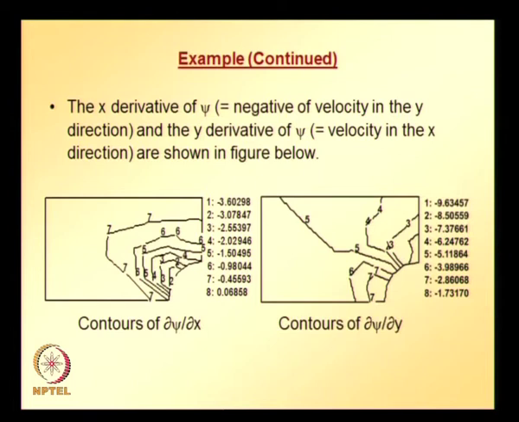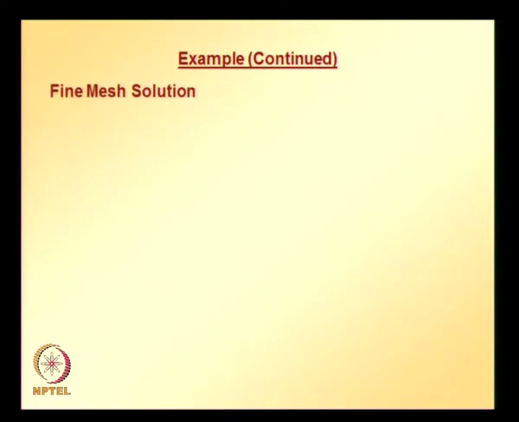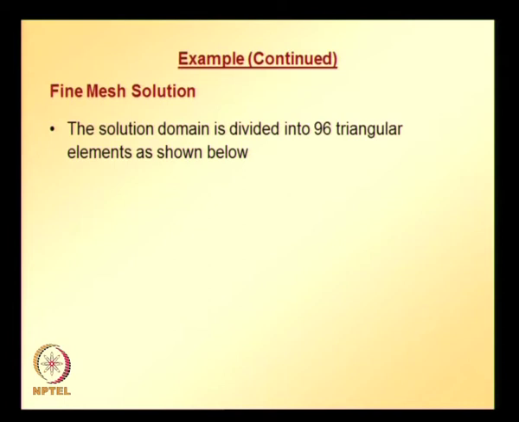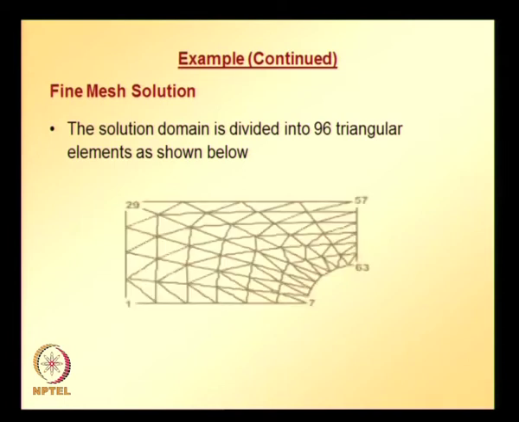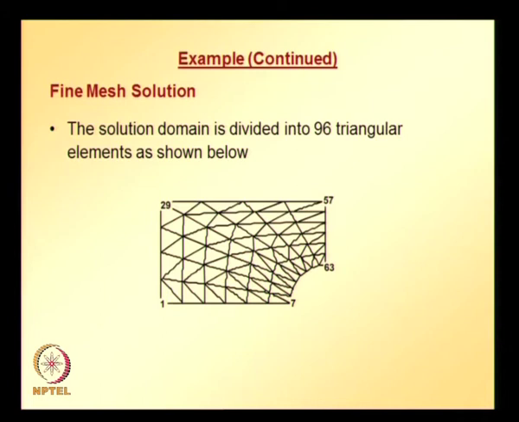So, the finite element solution that is shown is using 24 triangular elements. The problem can be repeated by using a finer mesh. The solution domain is divided into 96 triangular elements. So, the discretization is shown here, and everything remains the same except that the size of the problem increases, because we are required to solve for more nodal values.